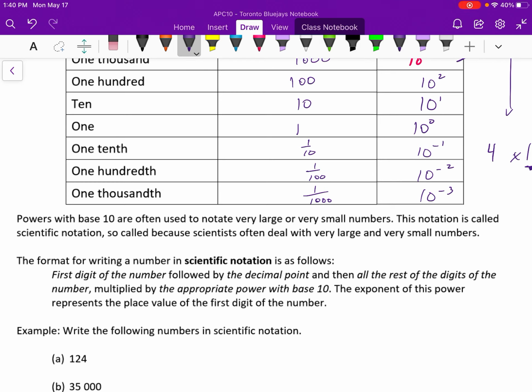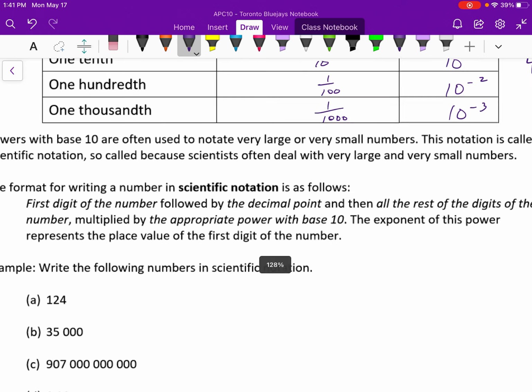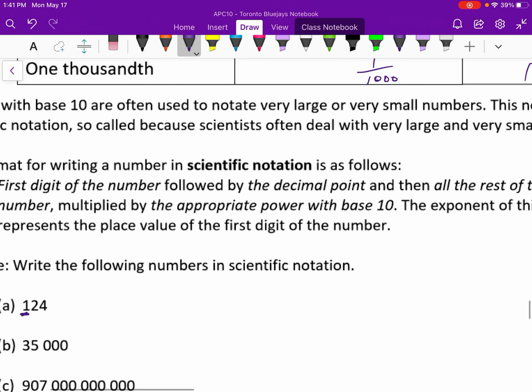So the format for writing a number in scientific notation is as follows. The first digit of the number followed by a decimal point, and then all of the rest of the digits of the number multiplied by the appropriate base. The exponent of this power represents the place value of the first number.